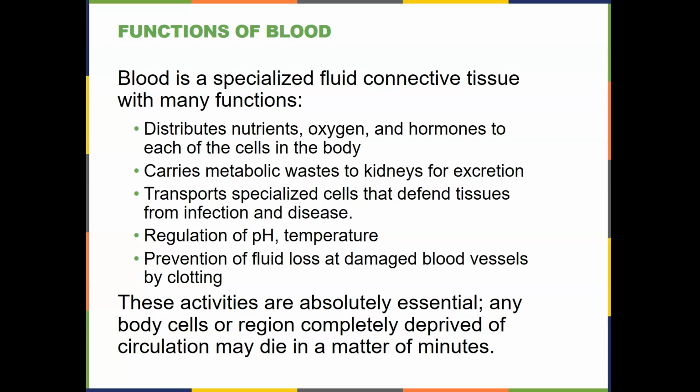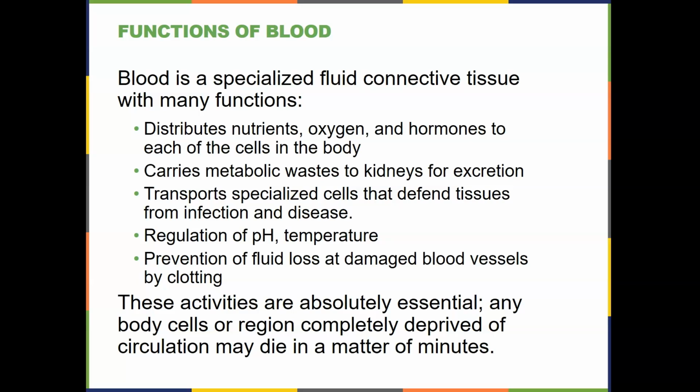It helps prevent fluid loss at damaged blood vessels by clotting. And when we say damaged blood vessels, it can be something as simple as a paper cut or as severe as a major wound that causes hemorrhaging. So blood will start clotting to block the flow of fluid out of the body.